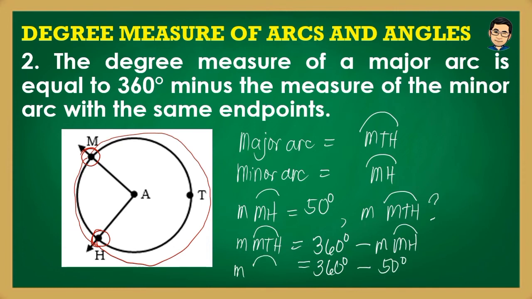The measure of MTH is 310 degrees. Sir, how did you get 310 degrees? 360 minus 50 degrees is 310 degrees. And to check, 310 degrees plus 50 degrees is equal to 360 degrees, one rotation of a circle.